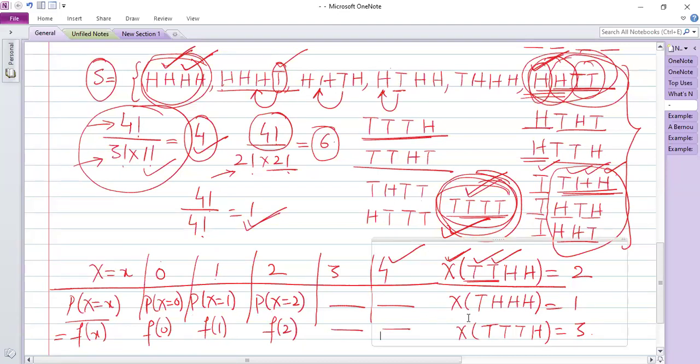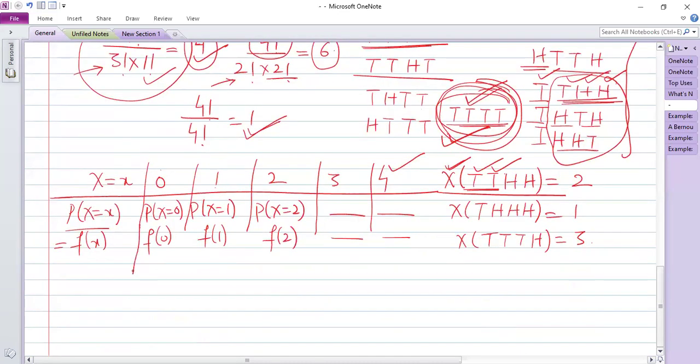Now, what are these probabilities? First of all, the probability that there is zero tail is 1 by 16. Out of a total 16 sample points, there is only one favorable sample point for zero tails. And that is nothing but all four heads.